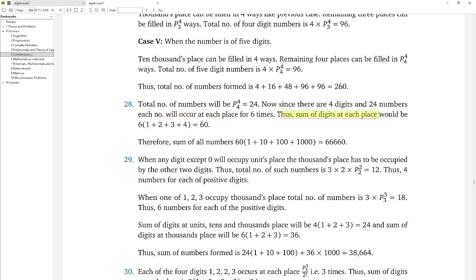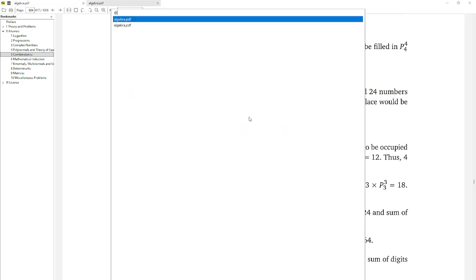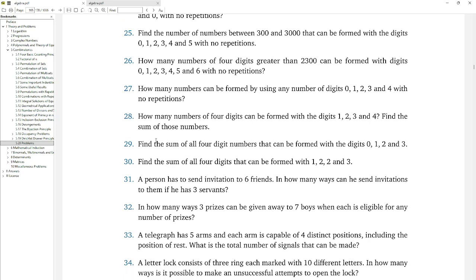Therefore, sum of digits at each place would be 6 into (1 plus 2 plus 3 plus 4), that is 60. And therefore, sum of all numbers would be 60 into (1 plus 10 plus 100 plus 1000), that is 66,660.